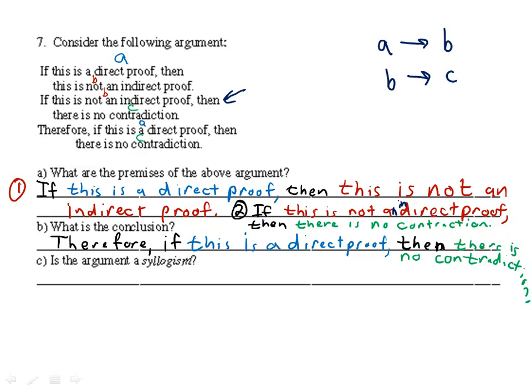So what is the conclusion? If A, then C is the conclusion. Here's A, here's C. If this is a direct proof, then there is no contradiction. Is the argument a syllogism? Yes, it is. It fits the classic syllogism. So there it is.